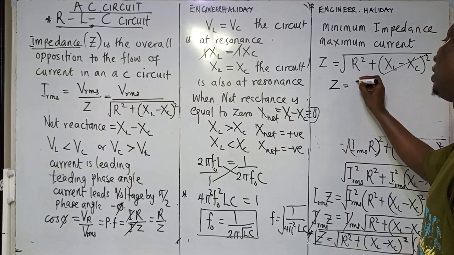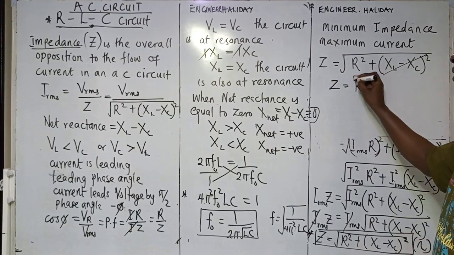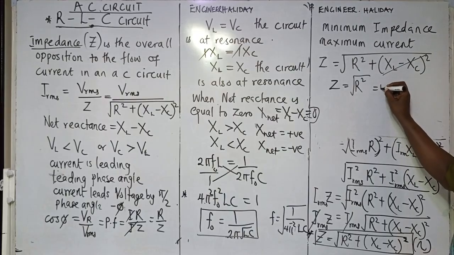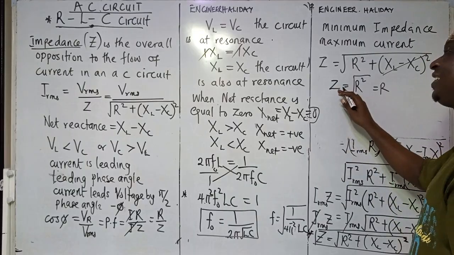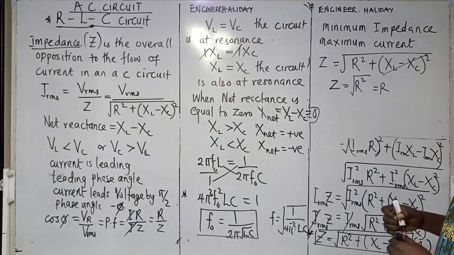So Z is the square root of R squared, which gives us R. That means at resonance, impedance is equal to resistance.